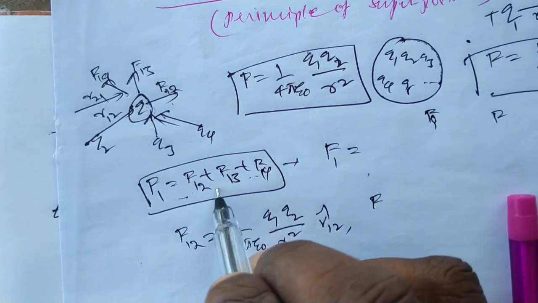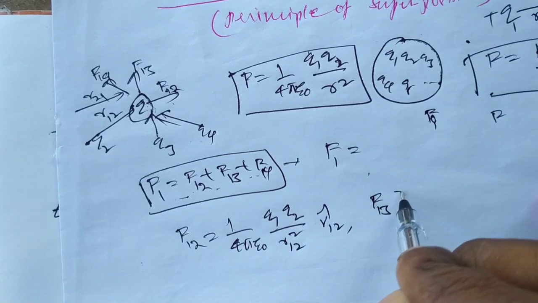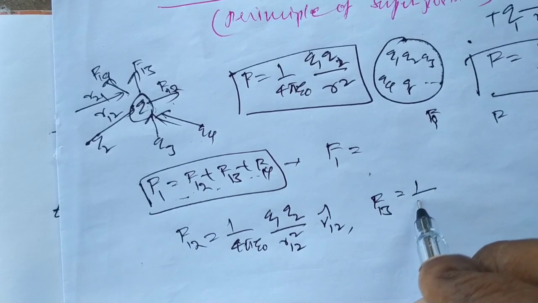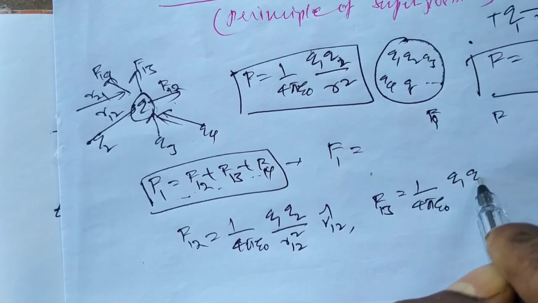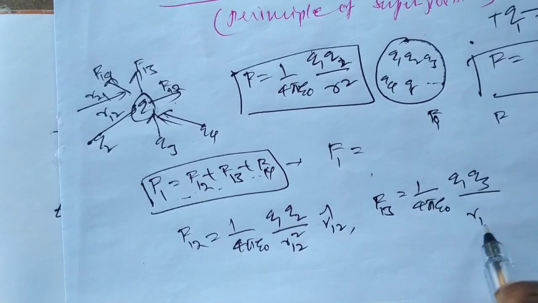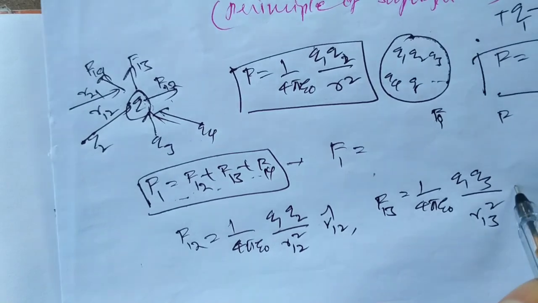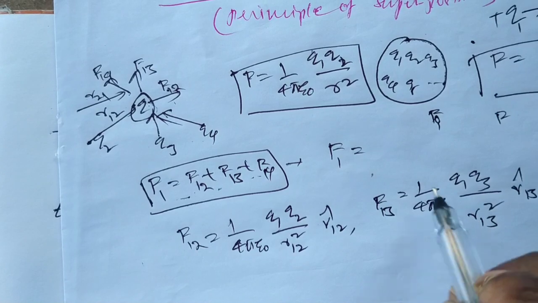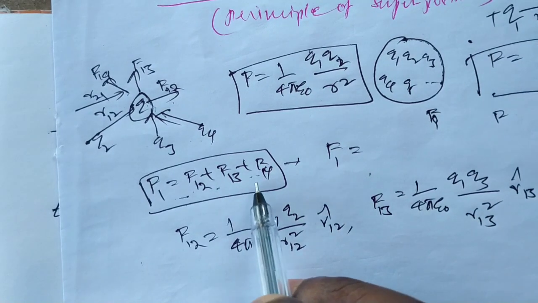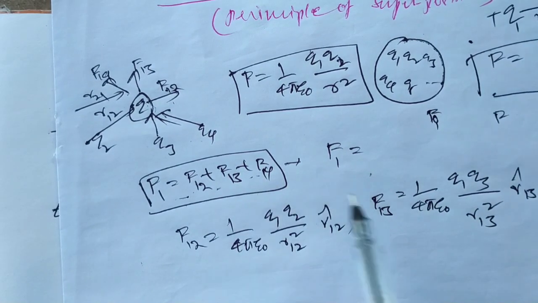Suppose F13 is equal to 1 by 4 pi epsilon naught, q1 q3 by r13 square, times r13 cap. In this way, you can add the number of forces.